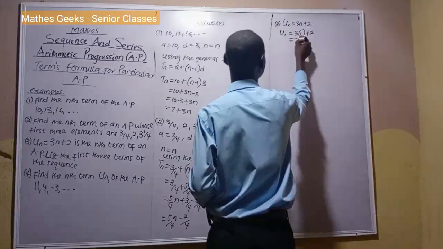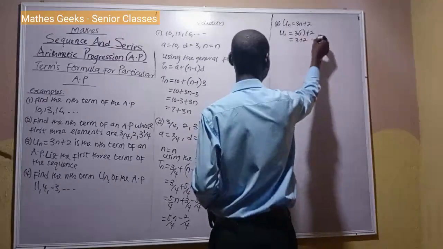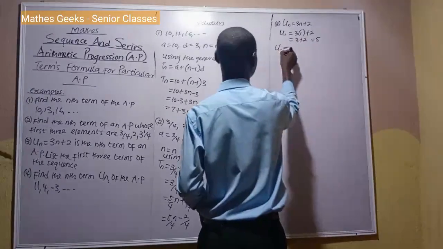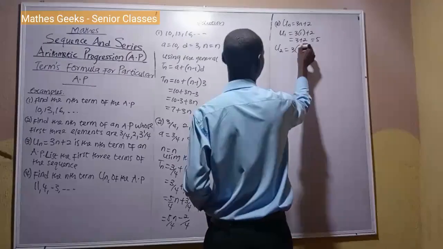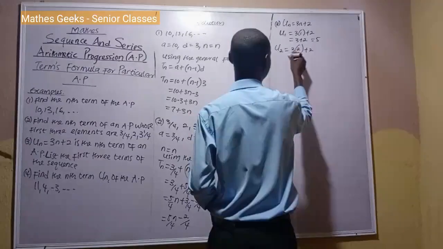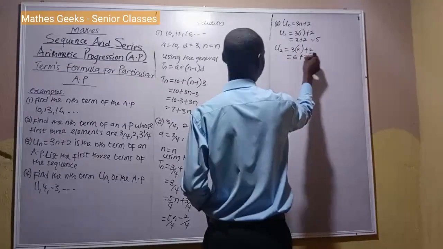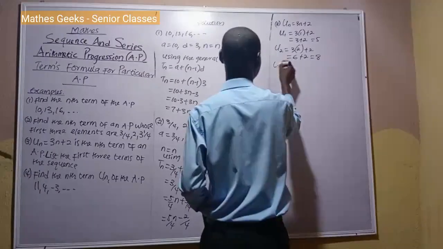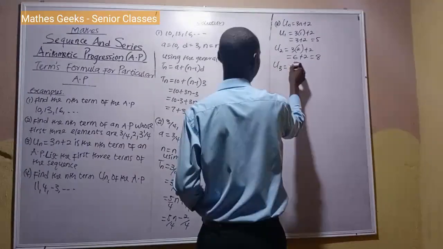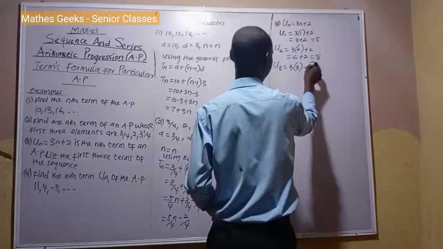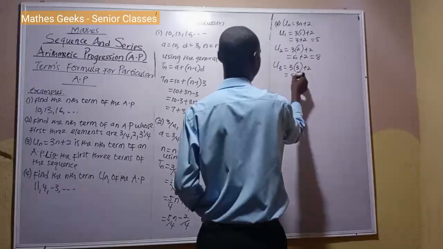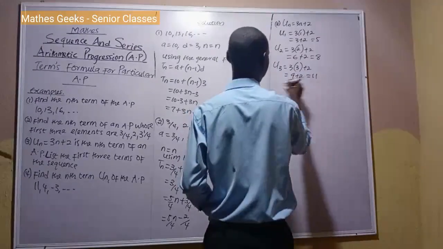So 3 times 1 is 3, plus 2 equals 5. u2 is equal to 3 times 2 plus 2. 3 times 2 is 6, plus 2, that's equal to 8. u3 is equal to 3 times 3 plus 2. 3 times 3 is 9, plus 2 is equal to 11.